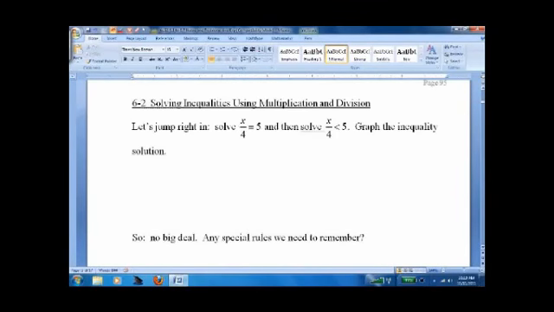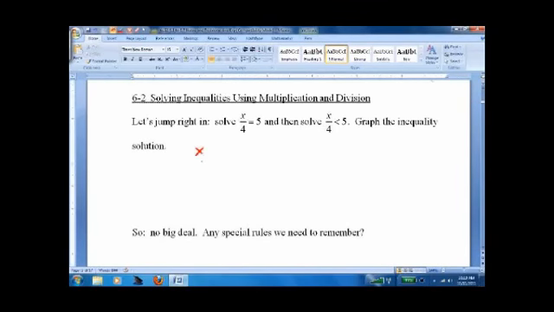Now, multiplying and dividing. Just jump right in. It's the exact same thing. Previously, you'd multiply by 4 over 1 on both sides. You get x is equal to 20. Now, multiply by 4 on both sides.